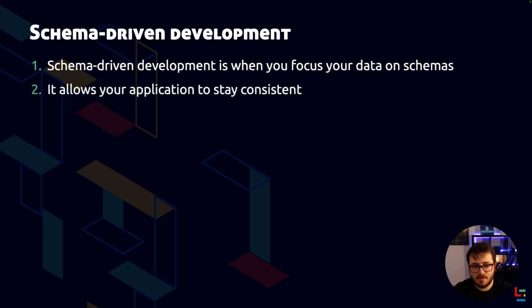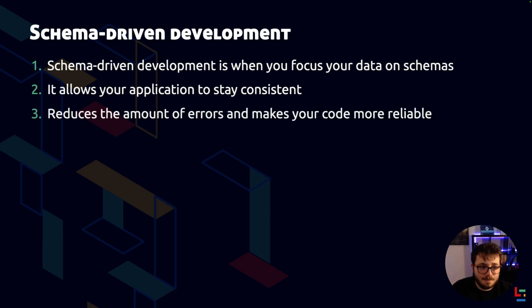So the schema is the source of the data, and it allows your application to stay consistent because you can validate every piece of data that you receive against those schemas. And if it's not correct, basically it's going to throw an error. So you always have the certainty that you're going to have that specific data at that specific point in time.